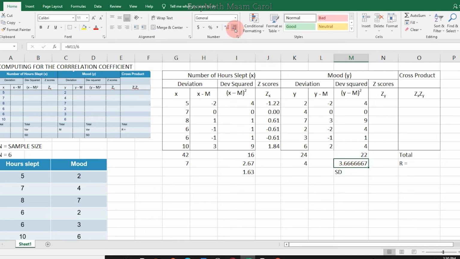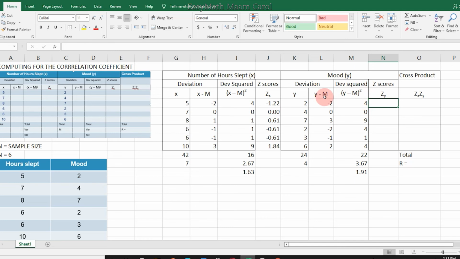Let's make it 2 decimal places again. And then we get the standard deviation by getting the square root of this number. There. Let's make it 2 decimal places again.